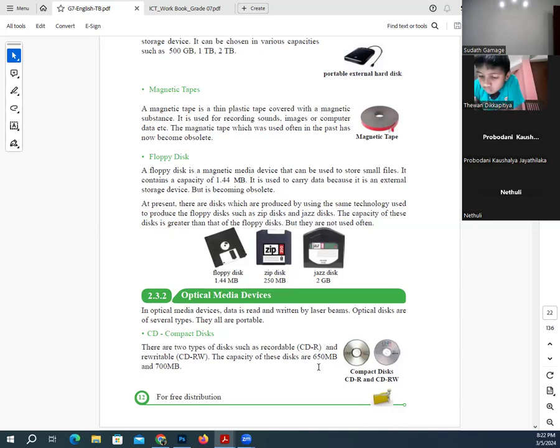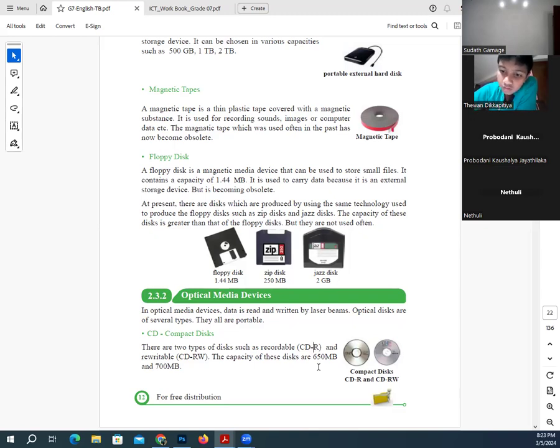What's the meaning of CDRW? That the CD is rewritable. What is the meaning of rewritable? Yes, we can delete it and write again. We can rewrite.